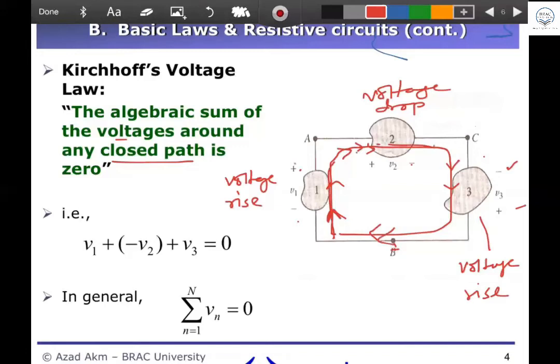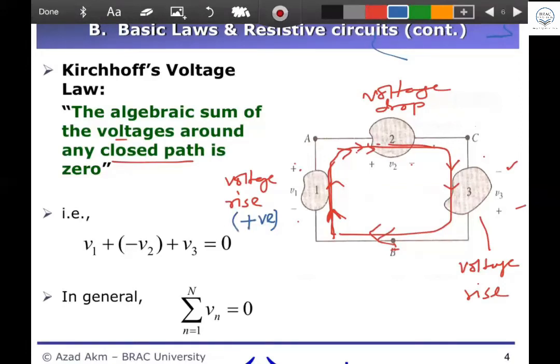Now, conventionally, we can consider only one way. Throughout the whole semester, for this course, we will consider voltage rise as positive. If you do it the other way around, no problem, but everybody should be in a unique direction, so it will be much more helpful for understanding.